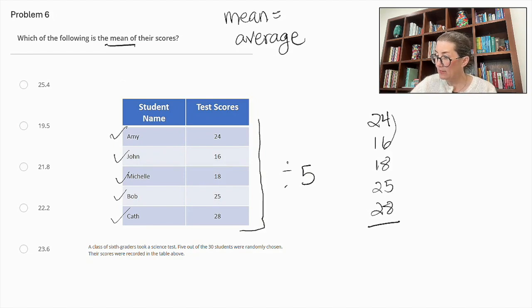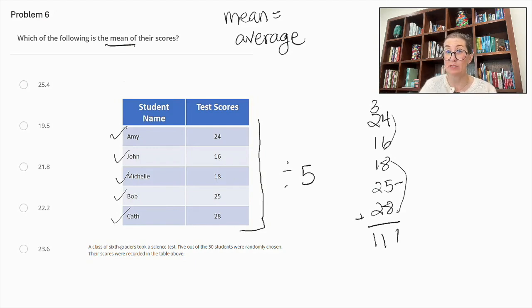So we have 10, 26, 31. 5, 6, 7, 8, 9, 10, 11. 111 is the total of these 5 students' scores.